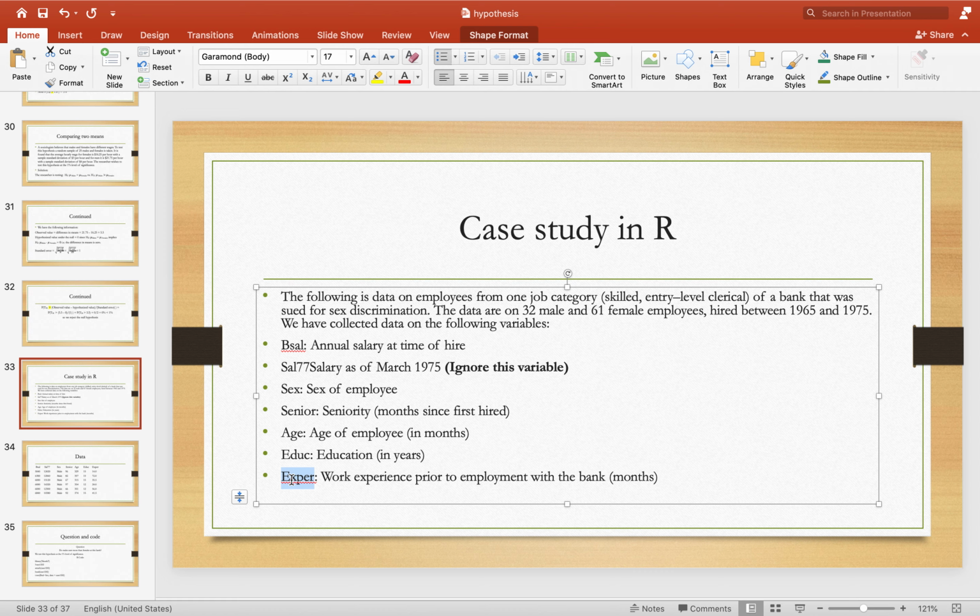And when we get to regression or even ANOVA, we can try and include some of these other variables as possible discrepancies of wage. But first, let's just compare starting salaries of men versus women.